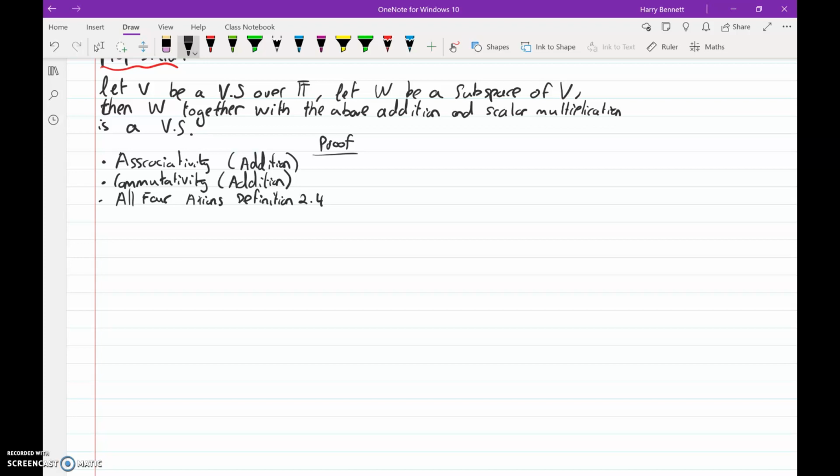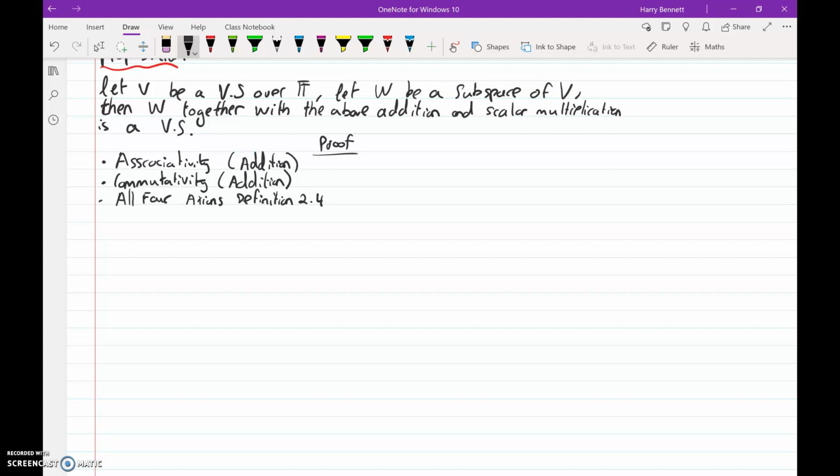So a fortiori, it has to be associative. Secondly, under addition, we know it's commutative because it's a subset, otherwise it would break the rule and we would no longer have a vector space over the superset, the bigger set.